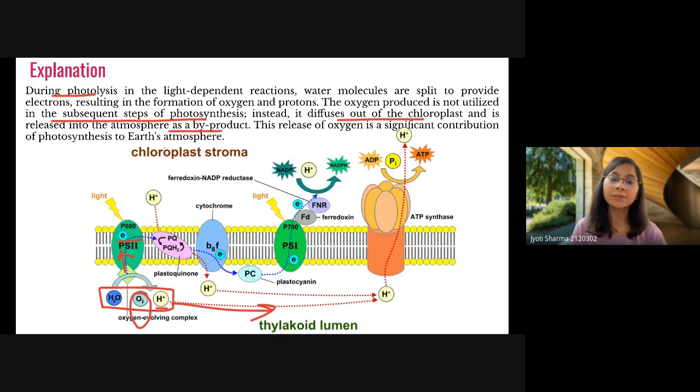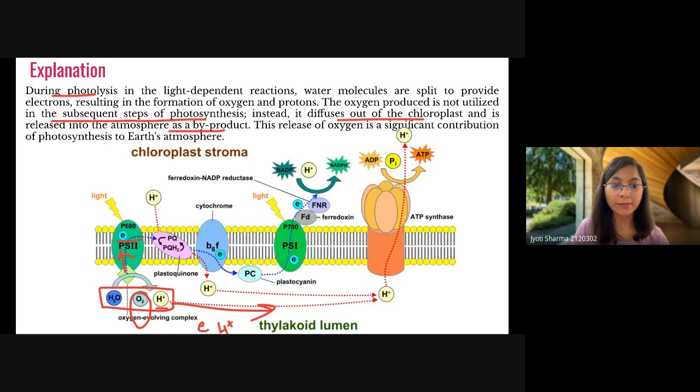byproduct. And this is very important, in sulfur green bacteria and in sulfur purple bacteria, you will read that this electron and H plus ion we can produce not only from H2O but from H2S as well.